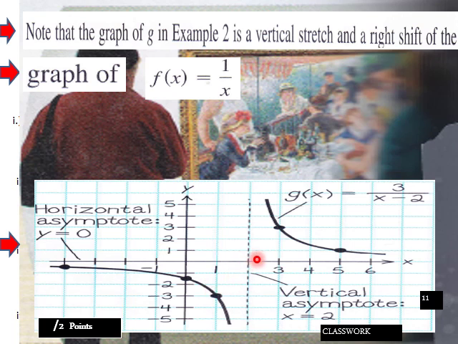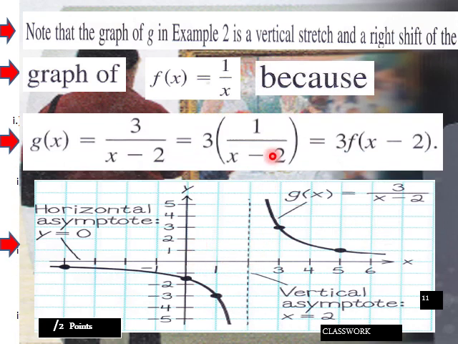There's more distance here than there was from the parent, 1 over x. And then we have a right shift here because of x equals 2. So the vertical asymptote is x equals 2. That makes your 0 here, so that makes your shift to the right of 2.